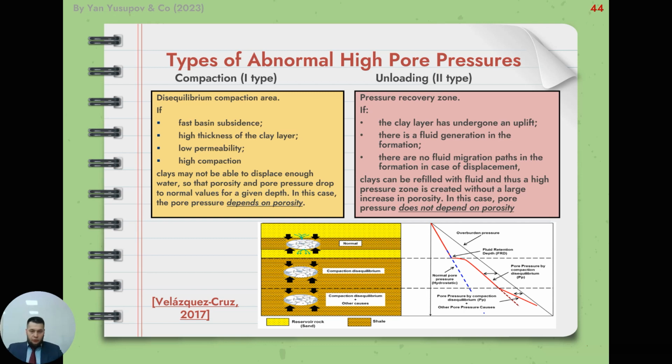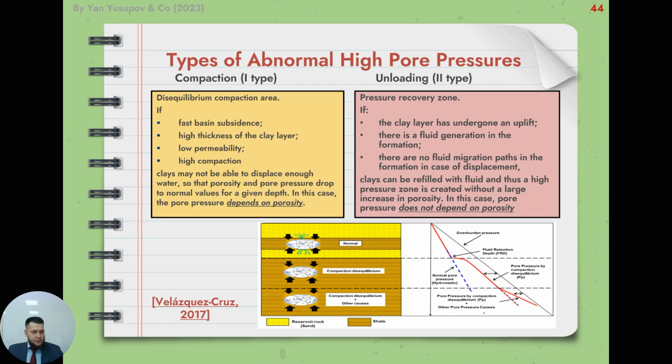So we discussed unloading and compaction processes, and from this it follows that there exist two types of abnormal high pore pressures. The first type is compaction, and the second type is unloading. The compaction type is defined by basically disequilibrium compaction.